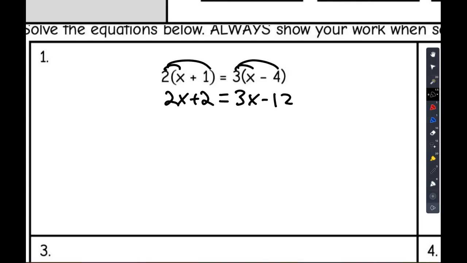Okay, what I like to say is move your letters to the left, numbers to the right, because you don't know where to work away from the variable from. So what I like to do is move the letters to the left, numbers to the right. So to move this 3x to the left, I would have to subtract 3x and subtract it on the like term, 3x there.